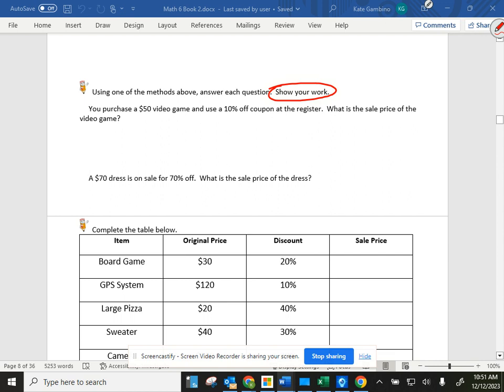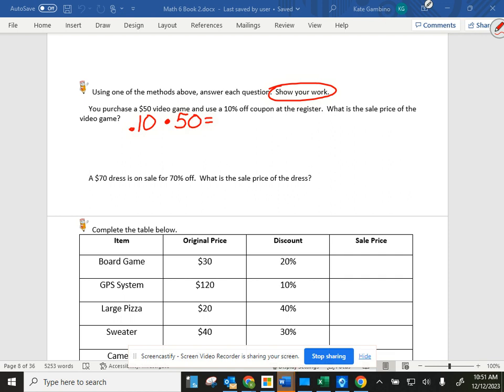Which method should I solve this with? Which one do you want me to use, Callie? The amount of discount. Okay, so walk me through, what would I write for that? You would write 0.10 times 50, and what does that get me?